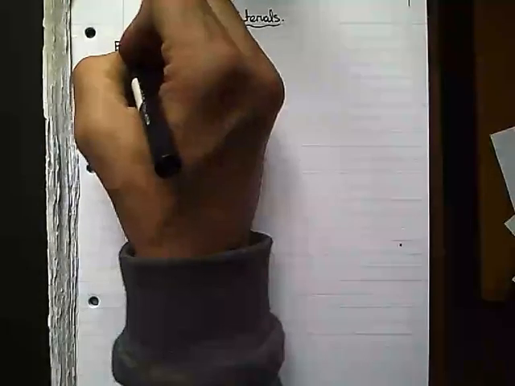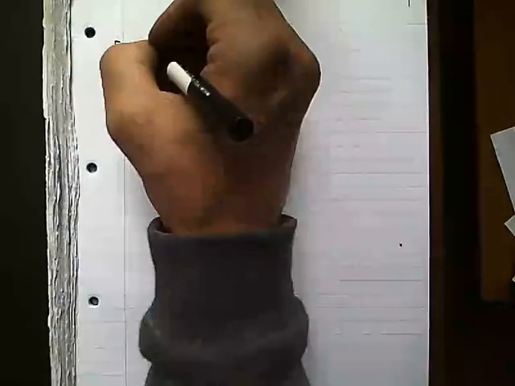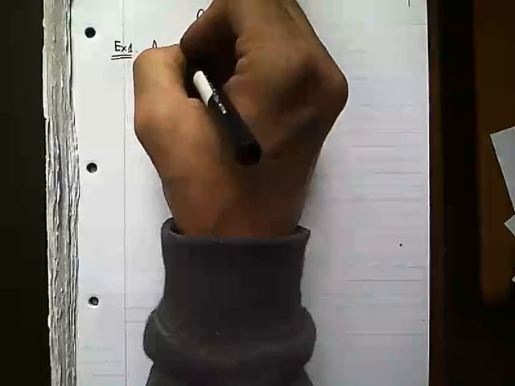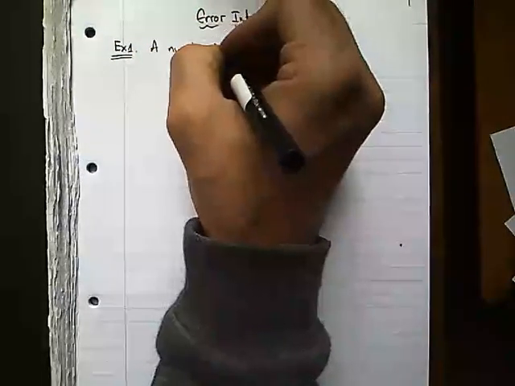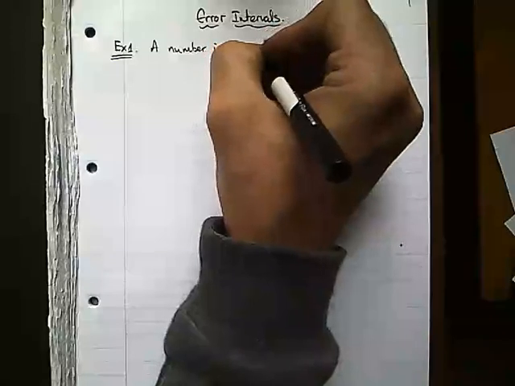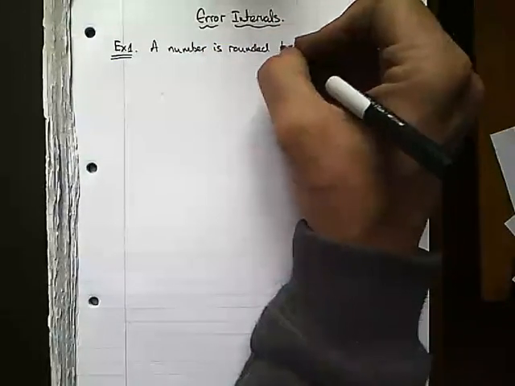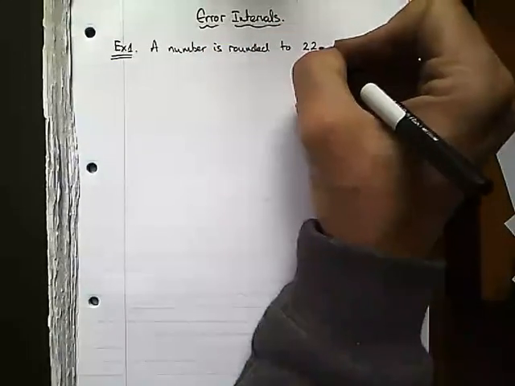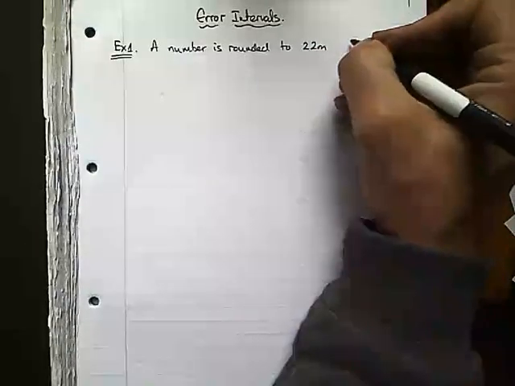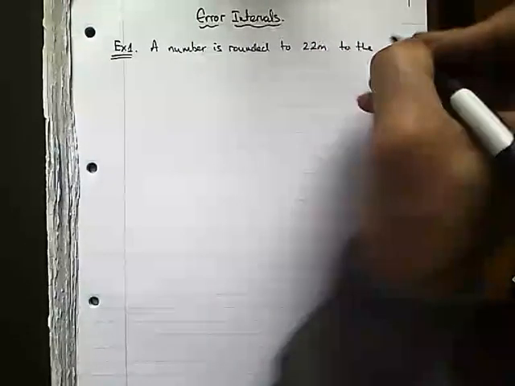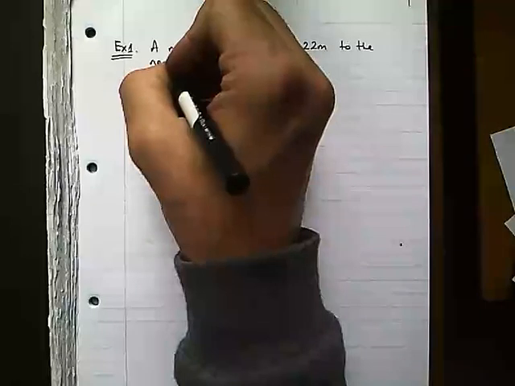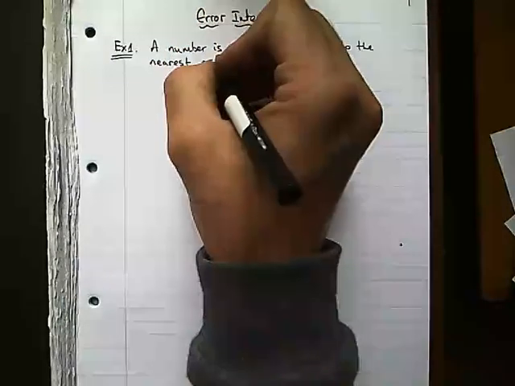So example one: a number is rounded to 22 meters to the nearest meter.